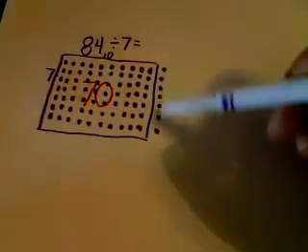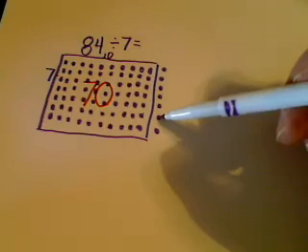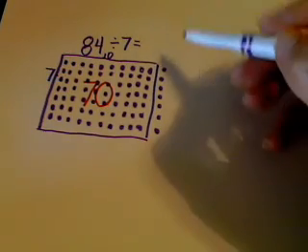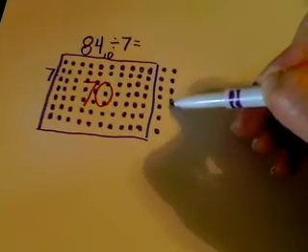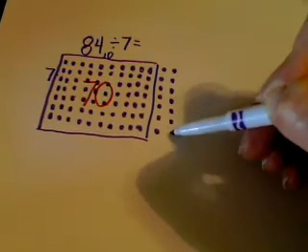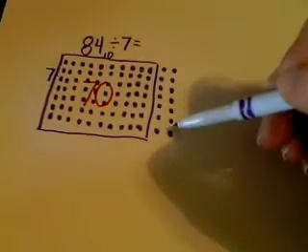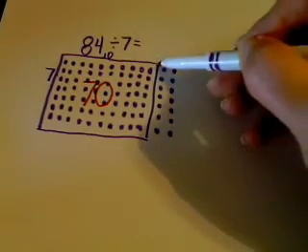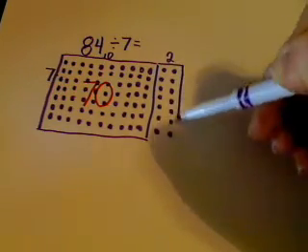So I know there's another group of 7. That plus this would be 77. I'm still not there. 78, 79, 80, 81, 82, 83, 84. Okay, so I had to make 2 more groups of 7.